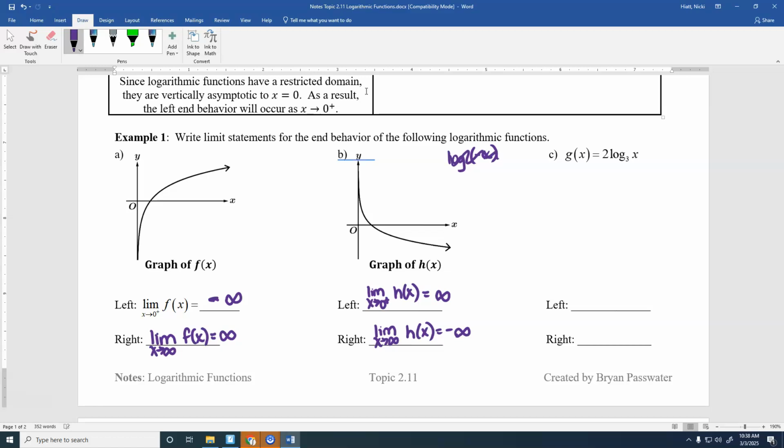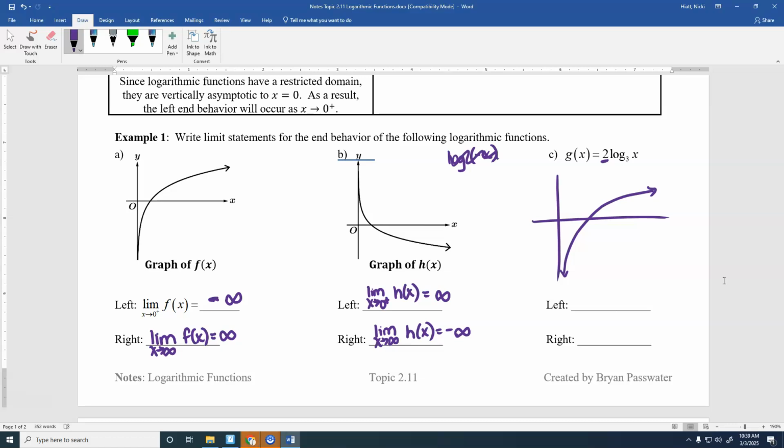All right, for C, we need to think about what that graph is going to look like. In this case, if we have a log with a positive number up here, then that is just our basic shape that we've had already, really like A, right? It has not been reflected. It doesn't even matter what the base is.